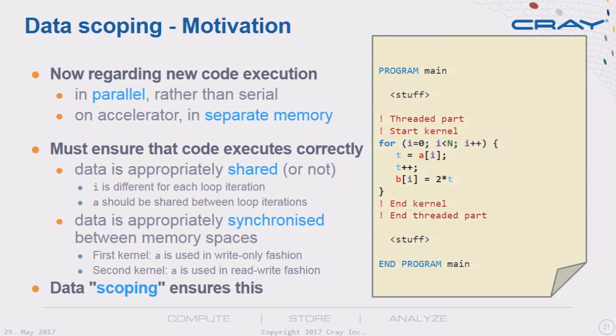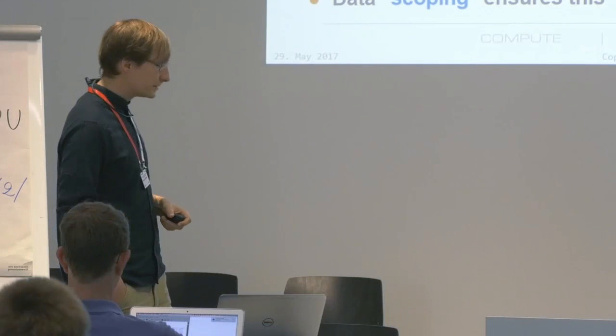So we want to avoid race conditions, where multiple threads act on the same data in a manner we don't want. So we need to take care especially of the shared data. And then we also have to think of synchronization. As already mentioned, the global synchronization will just happen at the end of our kernel here.